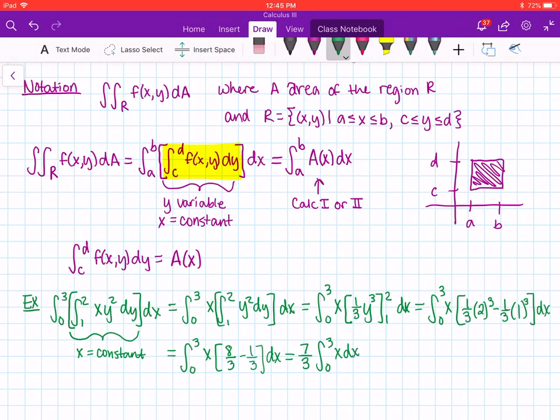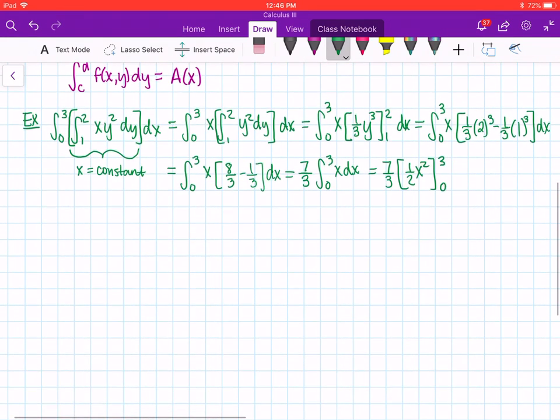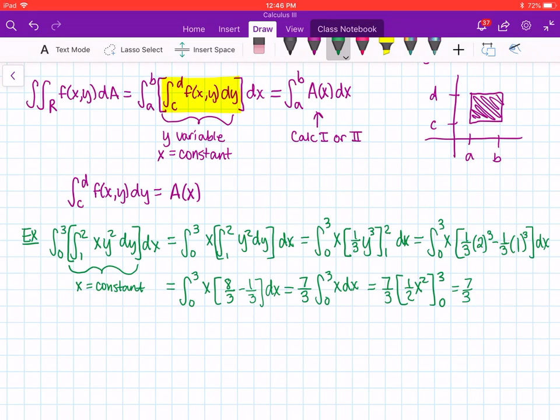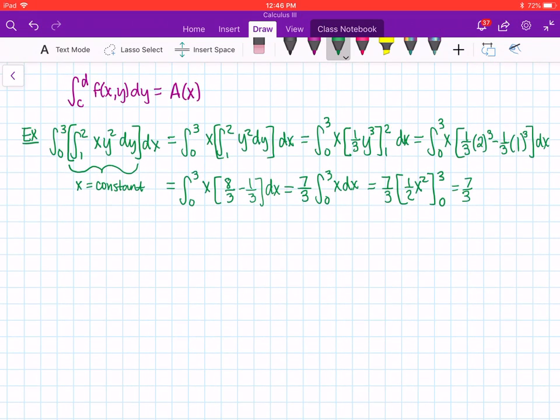And now we can integrate this. So we get 7/3, 1/2 x squared, and then from the fundamental theorem of calculus, we have to evaluate it from 0 to 3. So 7/3 is along for the ride. I'm going to move this up, I guess.